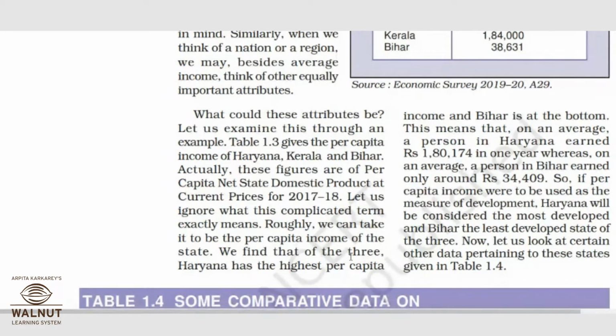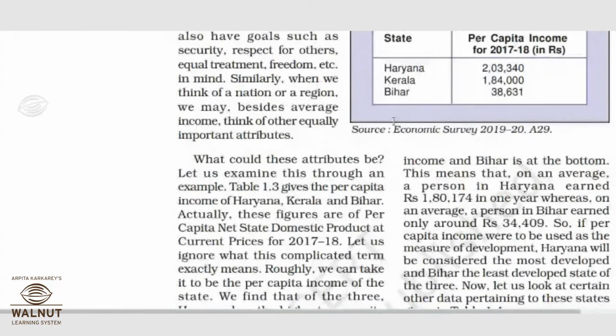We find that of the three, Haryana has the highest per capita income and Bihar is at the bottom. So you're supposed to see this table here. Then continue. This means that on an average, a person in Haryana earned rupees 1,80,174 in 1 year, whereas on an average, a person in Bihar earned only around rupees 34,409.